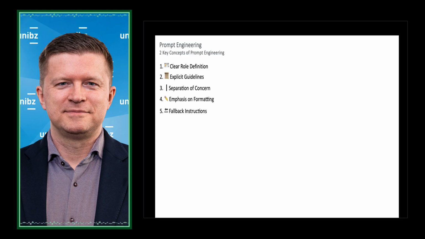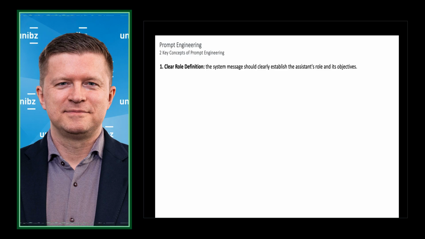Then you have to have some instruction on what you want the model to do. So let's take a closer look at all of them, and let's start with the first one, which is a clear role definition. What does that mean? It means it should clearly establish the assistant's role and also its objectives.